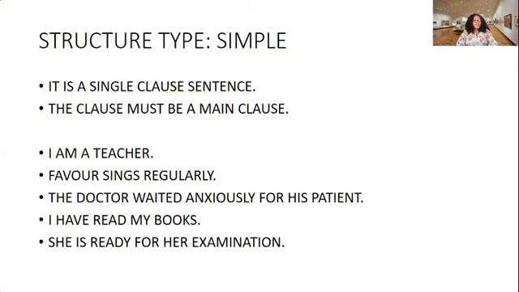Now, the simple sentence is made up of just one clause, and that clause must be a main clause. We have different types of clauses. In our next class, when we deal with clauses, we will look at the different types of clauses. But please remember that a simple sentence is made up of one clause, and that clause must be a main clause. Another name for a main clause is an independent clause.